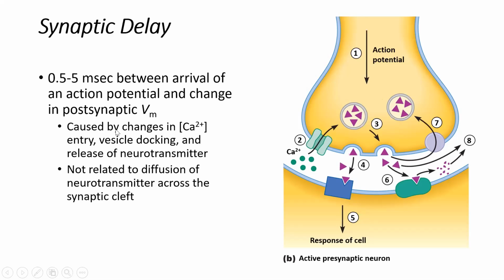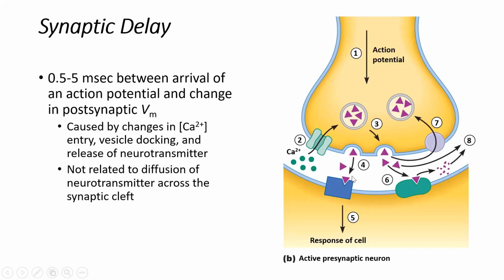It's caused by the changes associated with the exocytosis process: the docking of that vesicle onto the membrane, the release of neurotransmitter, and the time it takes for that vesicle to dock. What it's not related to, which is what we might think, is the time it takes for diffusion to happen across the cleft.